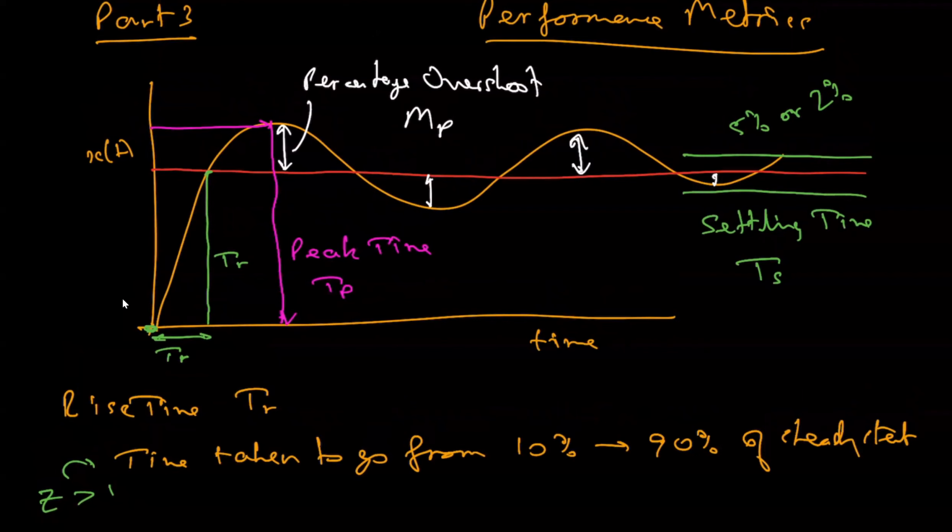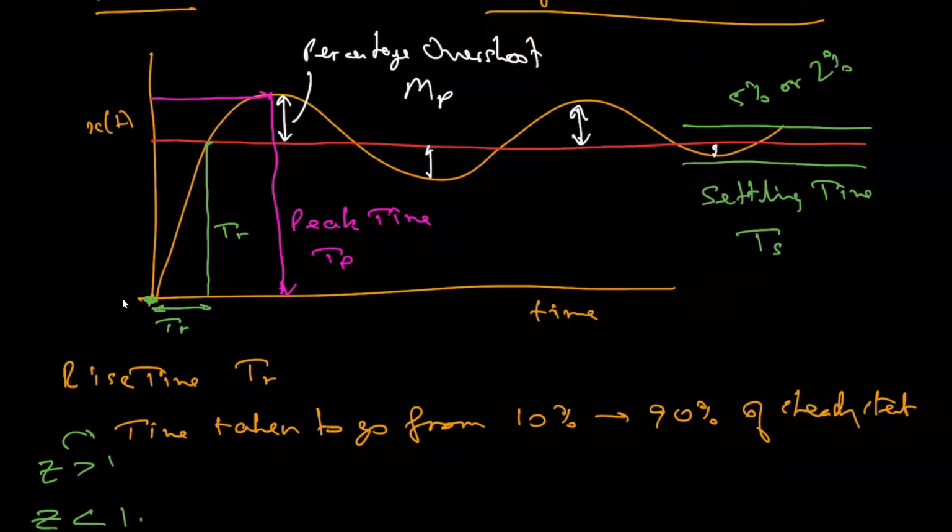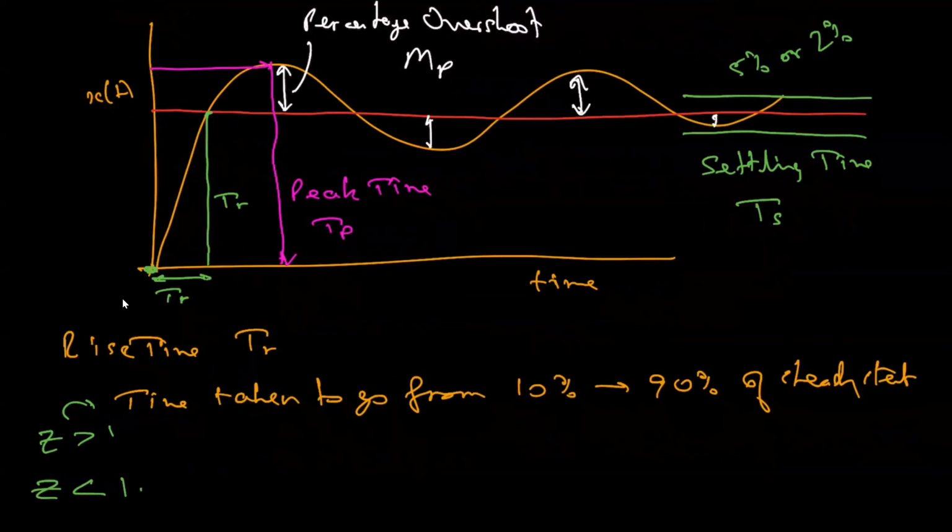The one complication is the rise time, which is different depending on whether your zeta is greater than 1 or less than 1. If zeta is greater than 1, it's just like the first order one, which is the time it takes to go from 10% to 90% of the steady state, right? You can't go to 100% because it asymptotically approaches the steady state, so we can't talk about that, but we can talk about when it reaches 90% of the steady state.